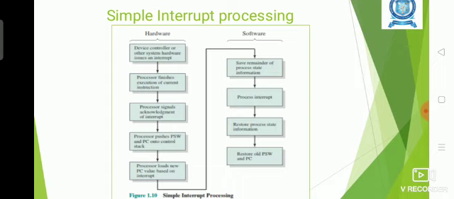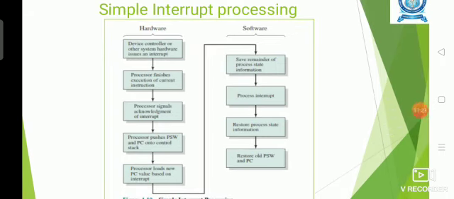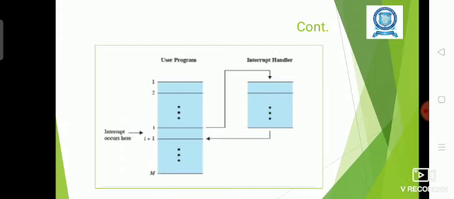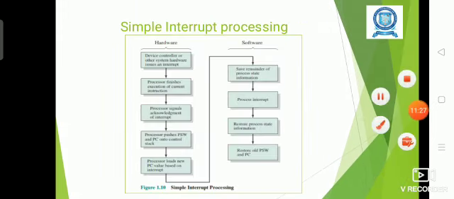Now the processor is going to execute the interrupt. So the processor registers will be loaded with the interrupt details. The PC value will show the starting address of the interrupt routine.